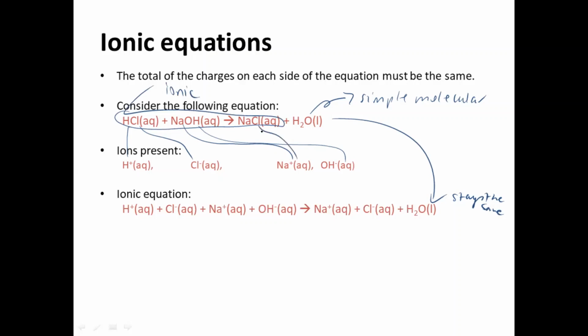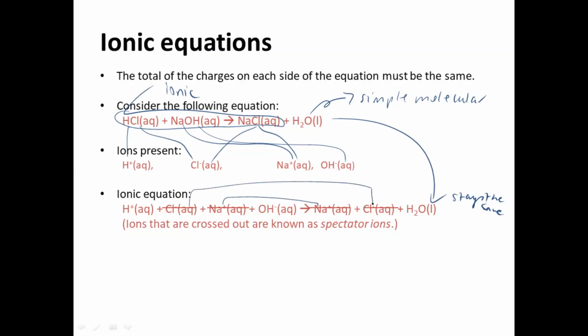So when we're making an ionic equation, you're going to have everything split into ions. I kept the state symbols for now, but you don't always have to do that. So what happens, you note, is that on both sides some of the ions repeat themselves. You've got one Cl minus ion on each side and one Na plus ion on each side.